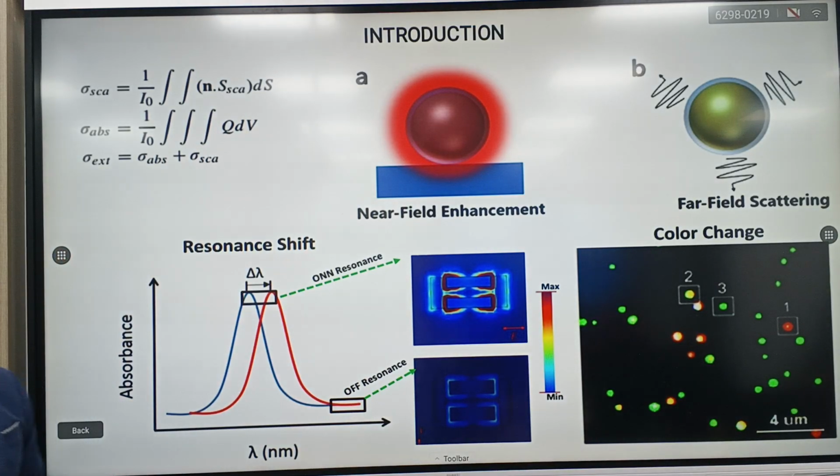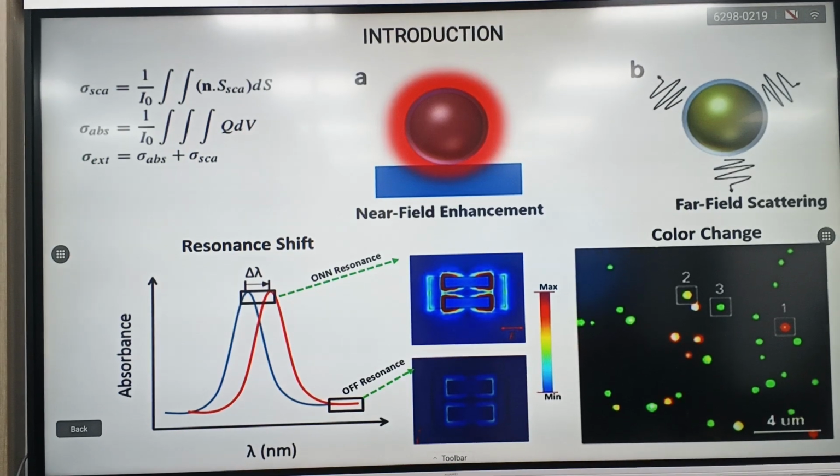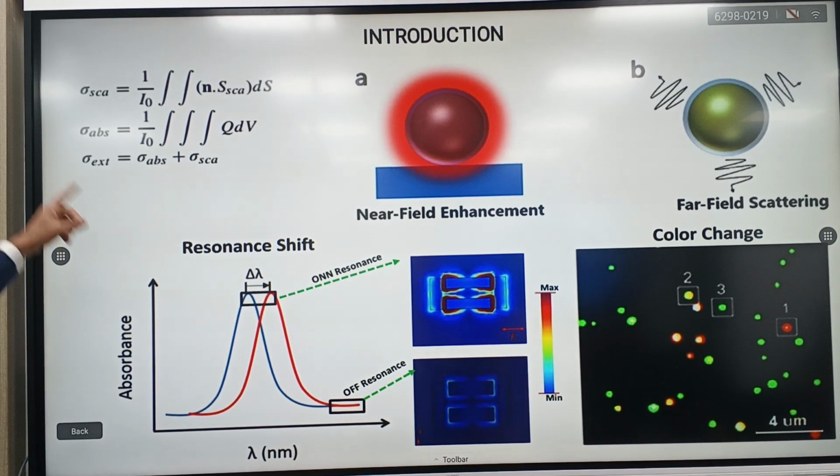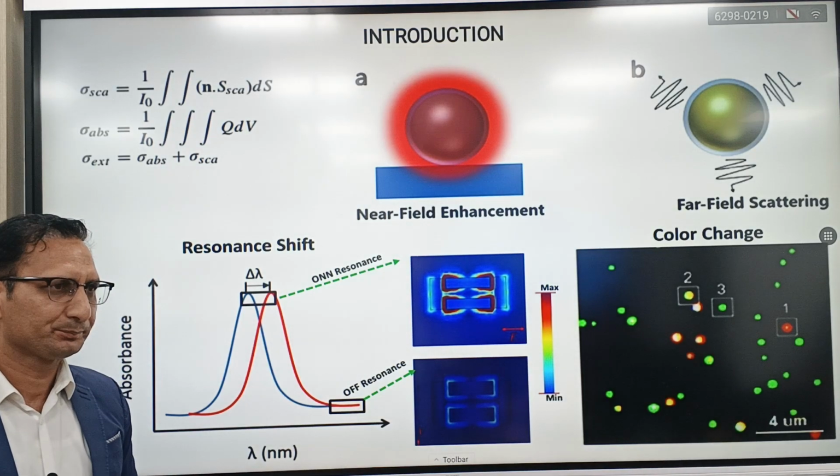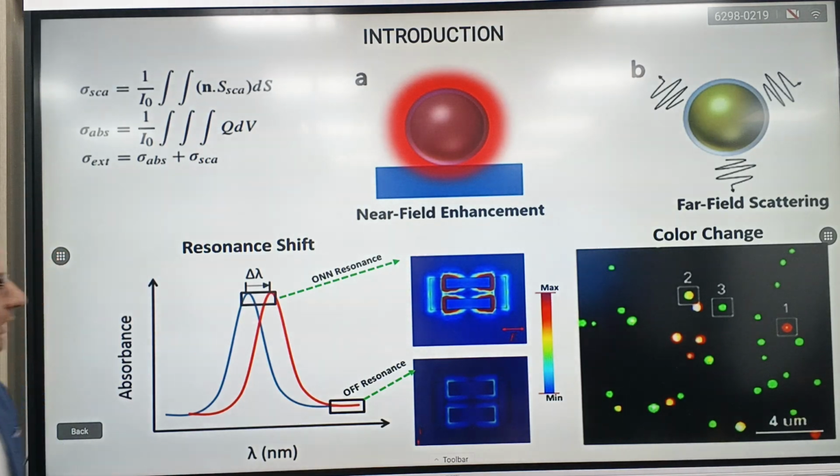So there are different properties of this behavior, that is localized plasmon resonance. They show scattering and they show absorption. So how can we understand whether nanoparticles show scattering or absorption behavior?